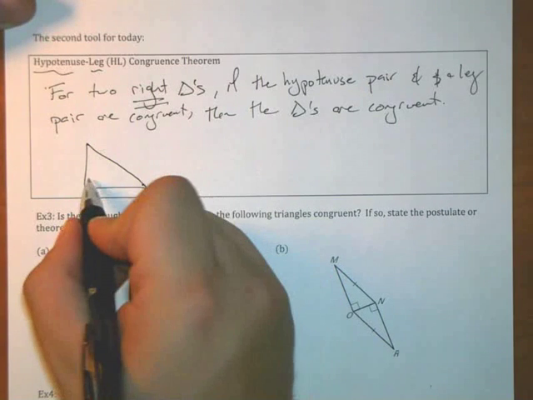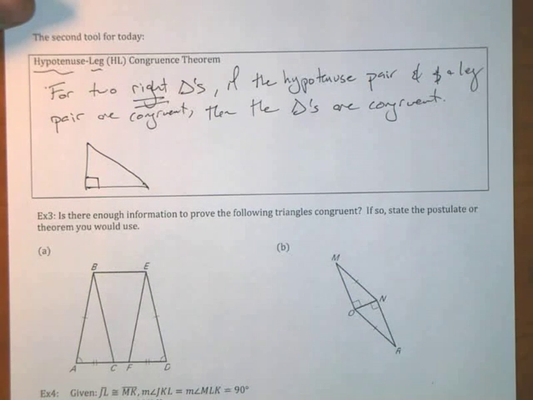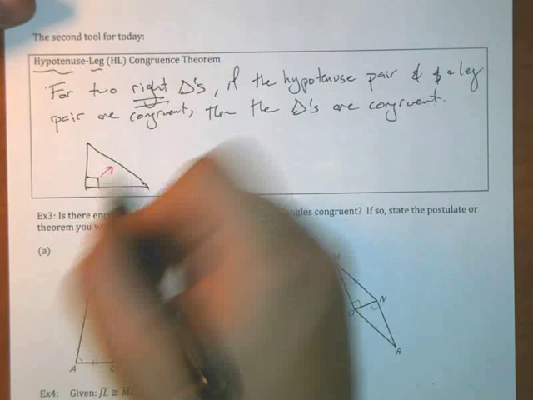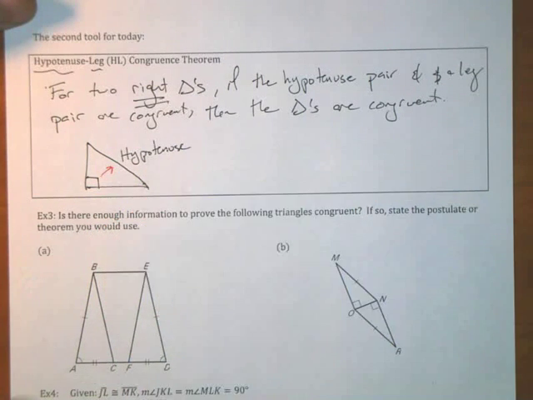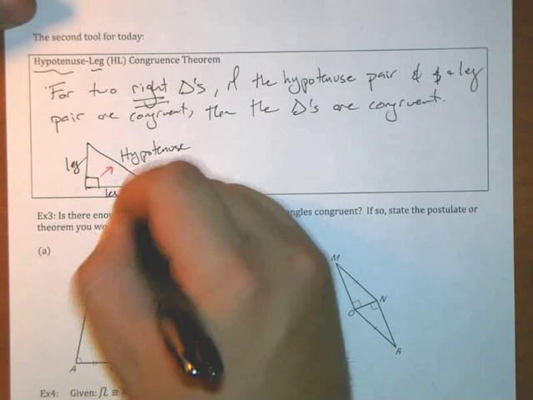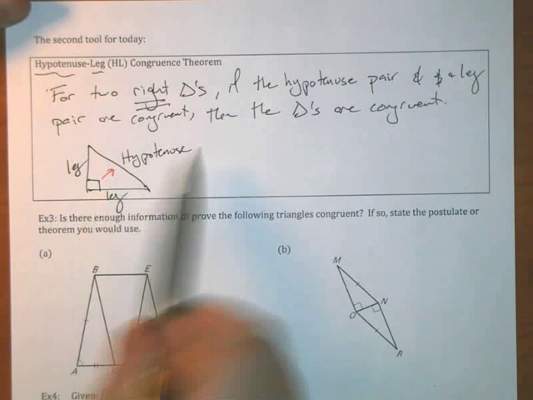Just as a refresher, for any right triangle, the side opposite or across from the right angle is called the hypotenuse. And the other two sides, the sides that make up the right angle, are called legs.